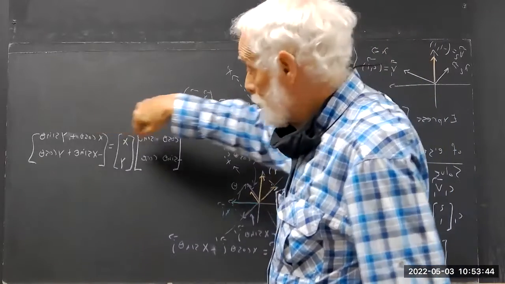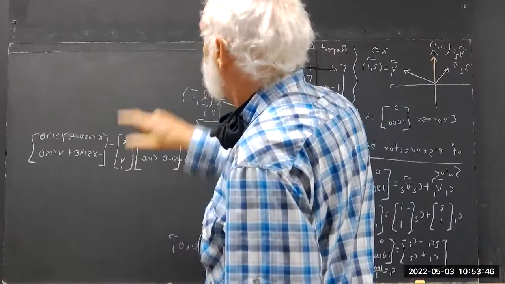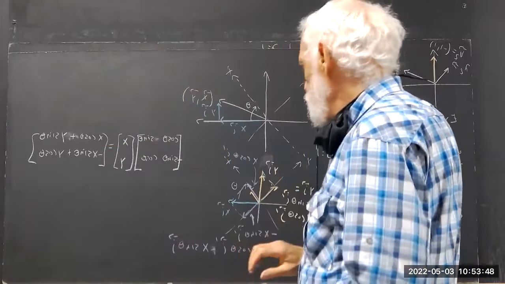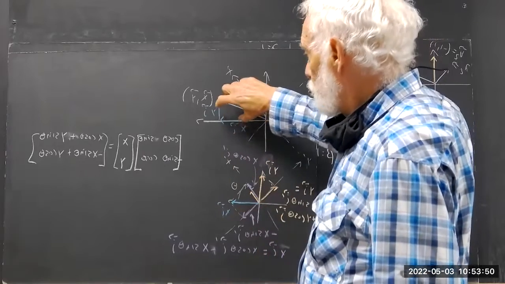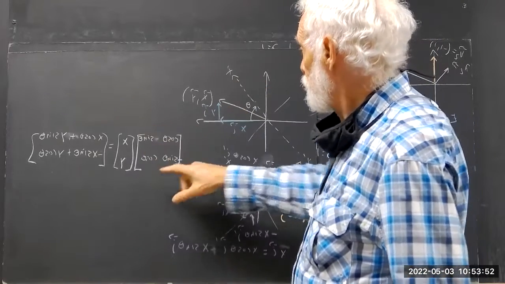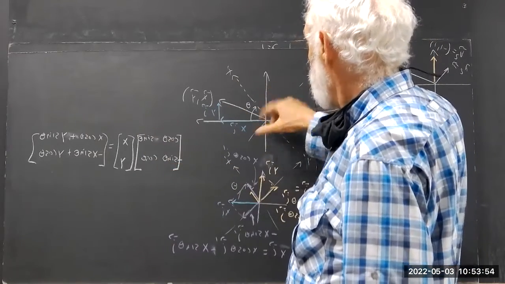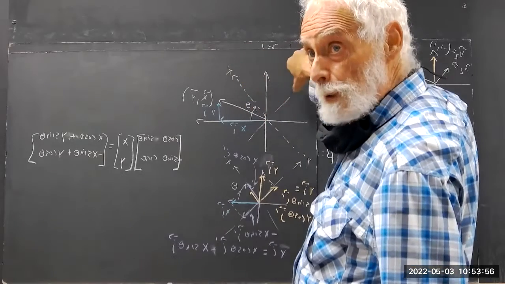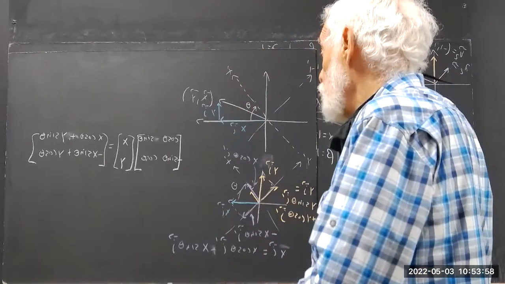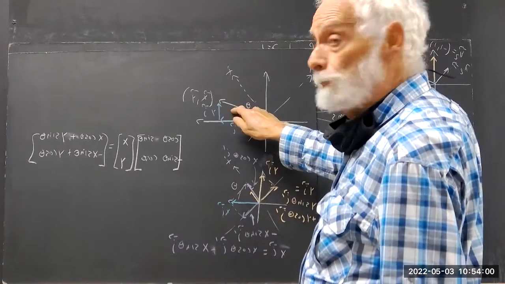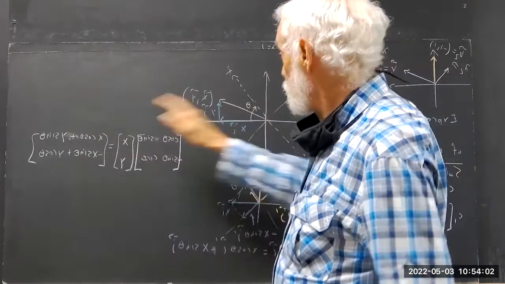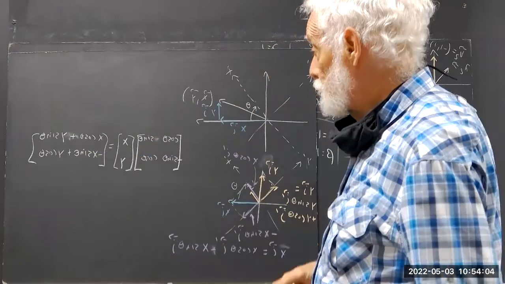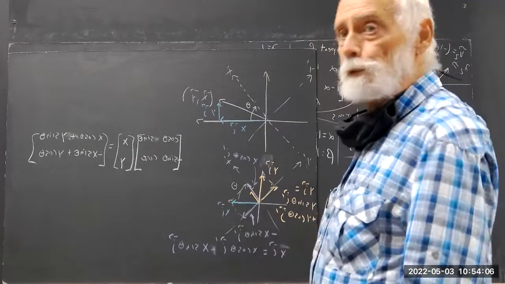Okay, this is the reason you would multiply the components of this vector by this matrix to get the vector with respect to the other basis. So this matrix times this vector in this basis equals this vector, which is the vector in the other basis.